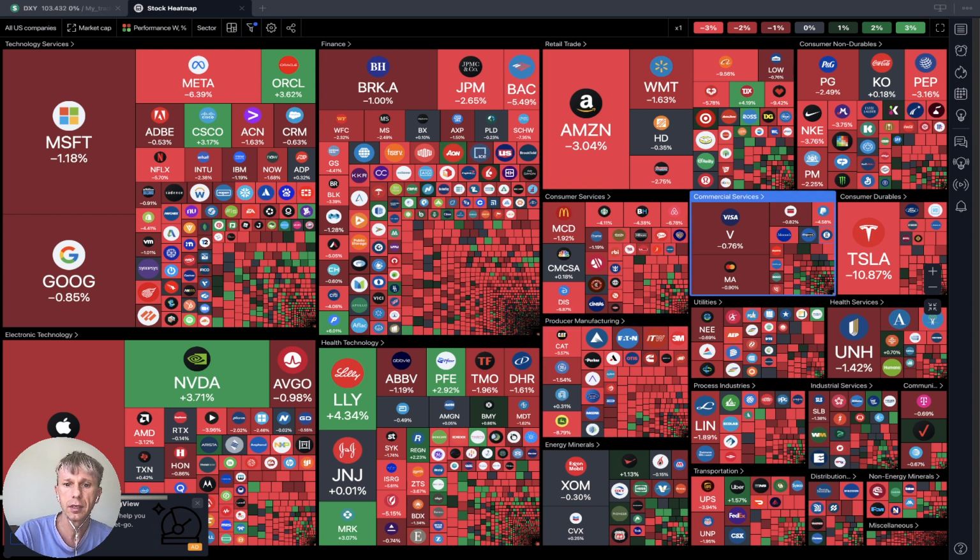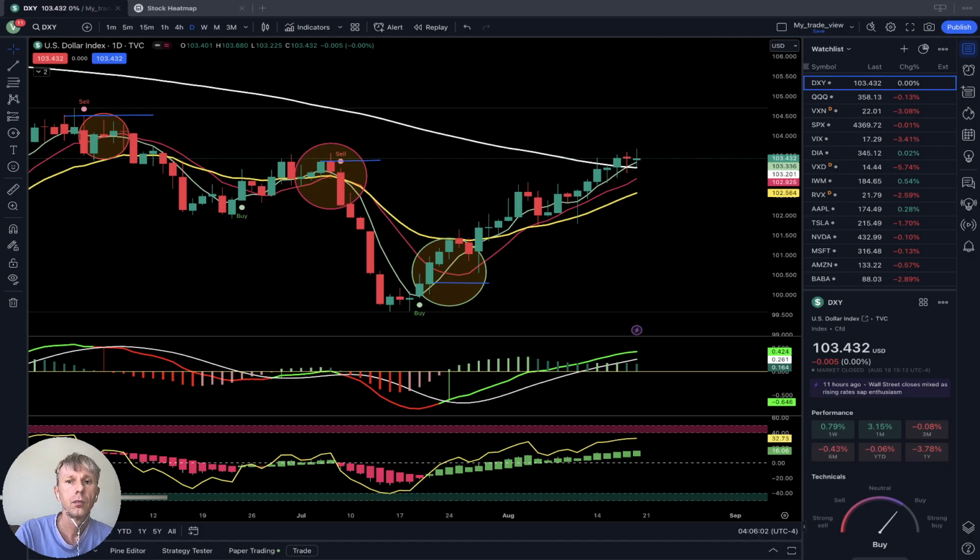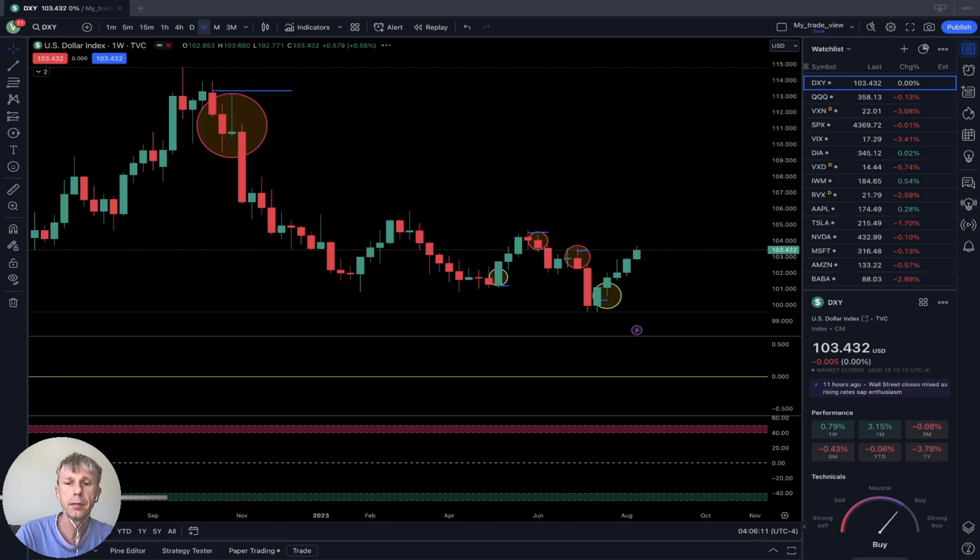Except energy, kind of flat and red, but a lot of red weekly. And that's all. Let's move to my watch list and do a technical analysis review based on the weekly time frame.